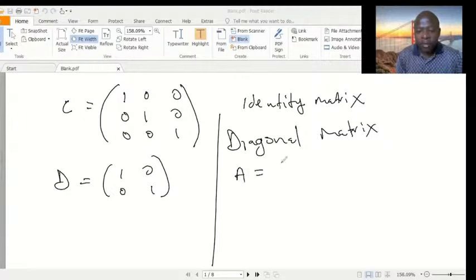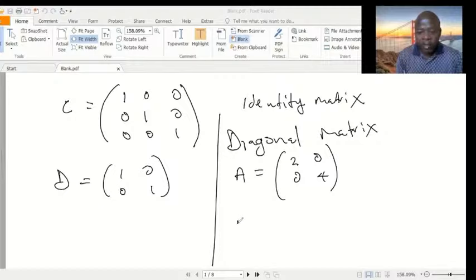For instance, if I have this matrix, this is a diagonal matrix. You can see that we have only non-zero entries along the main diagonal, and elsewhere we have zeros. So this is a diagonal matrix for a 2 by 2 matrix.